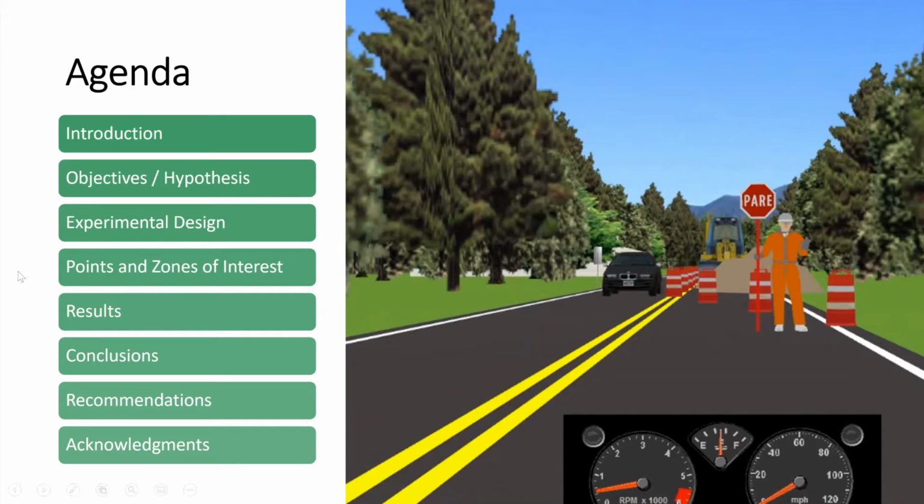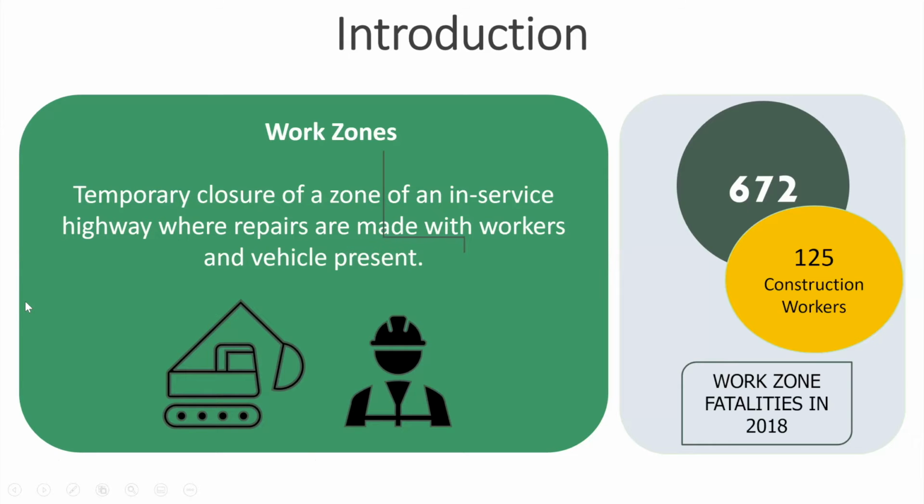So as all of you know, having a safe and efficient transportation system is essential for both mobility and accessibility of both person and goods, and also to foster socioeconomic growth in our country.